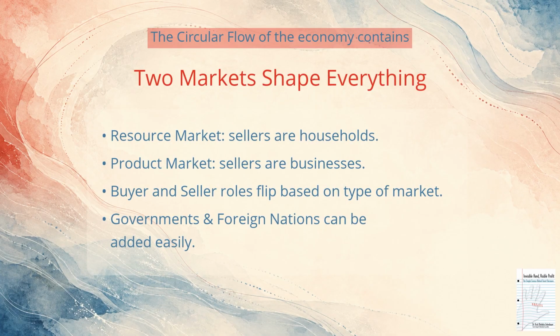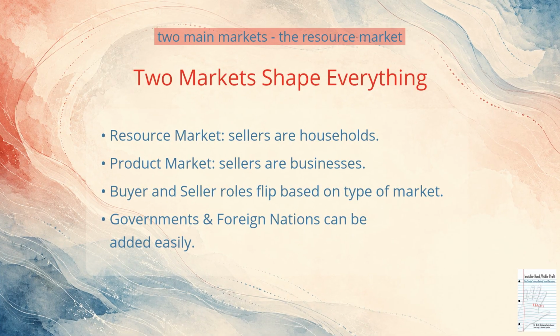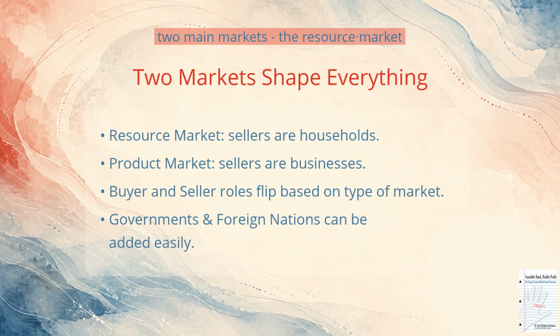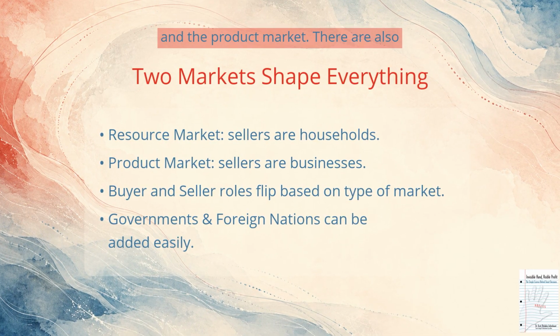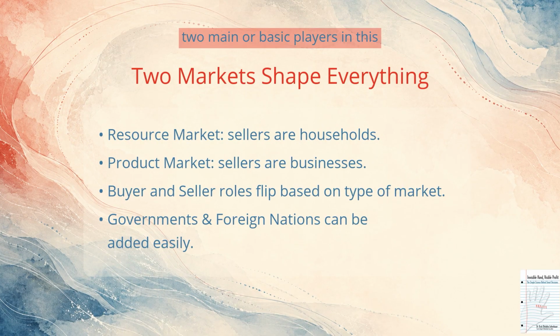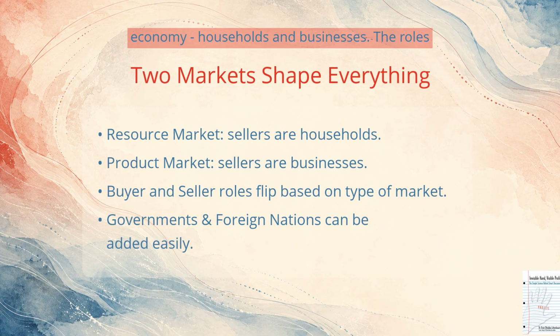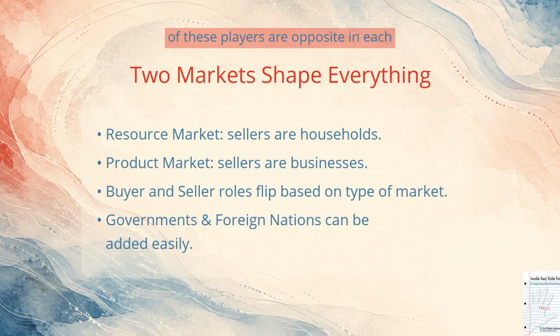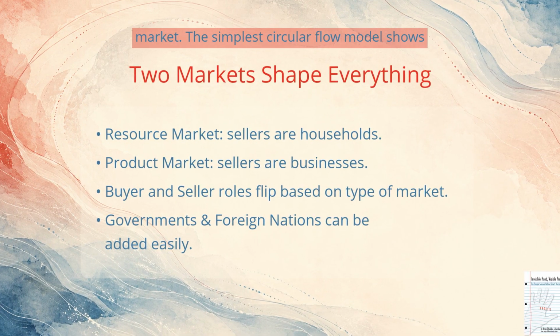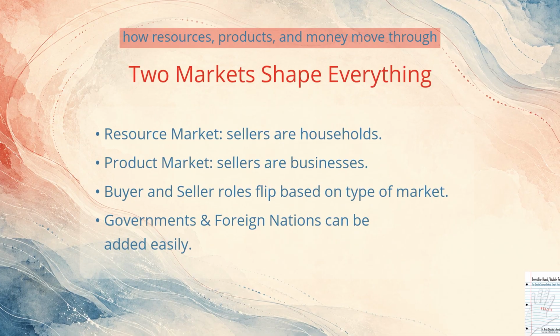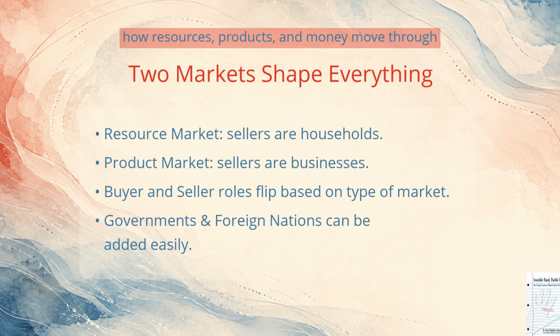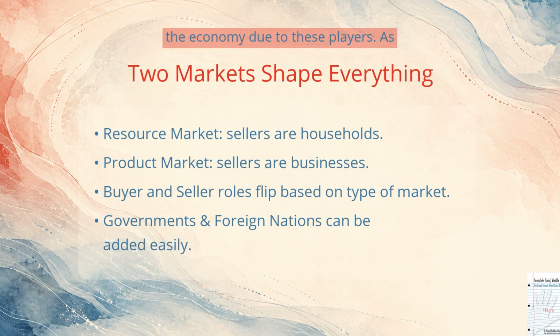The circular flow of the economy contains two main markets, the resource market and the product market. There are also two main or basic players in this economy, households and businesses. The roles of these players are opposite in each market. The simplest circular flow model shows how resources, products, and money move through the economy due to these players.